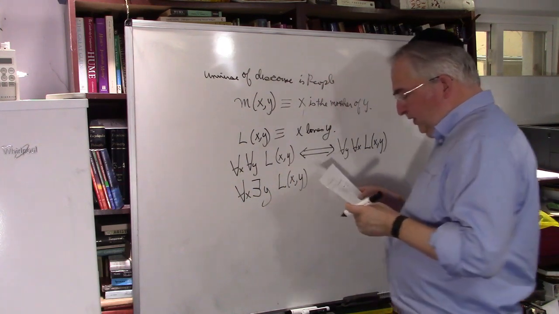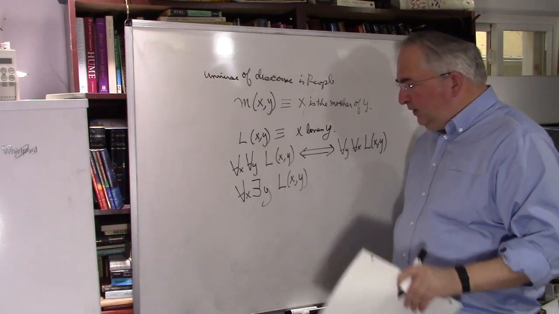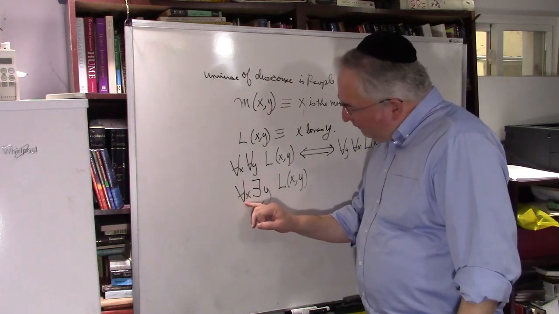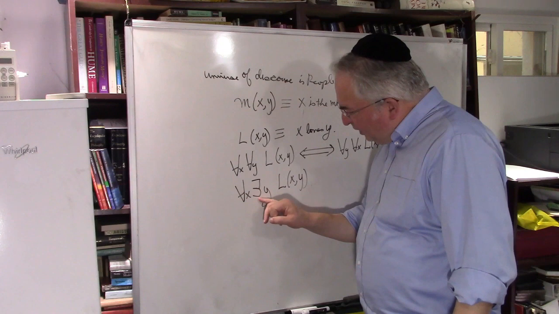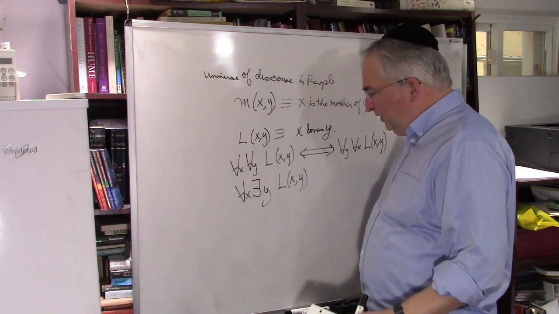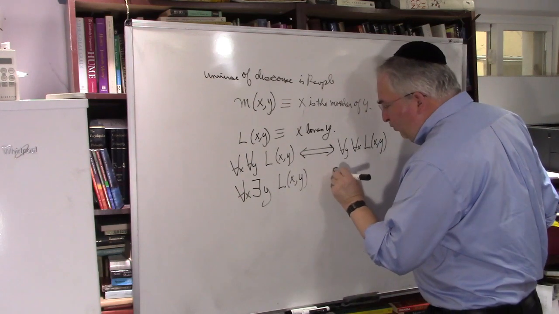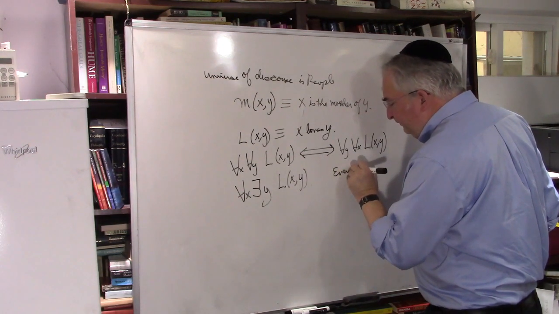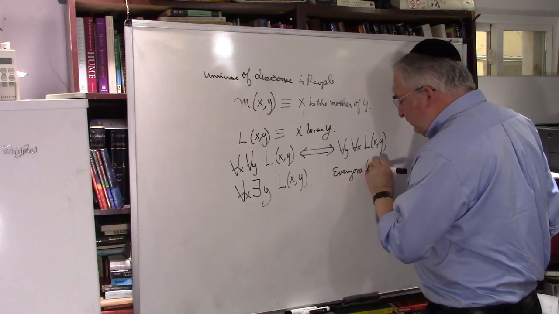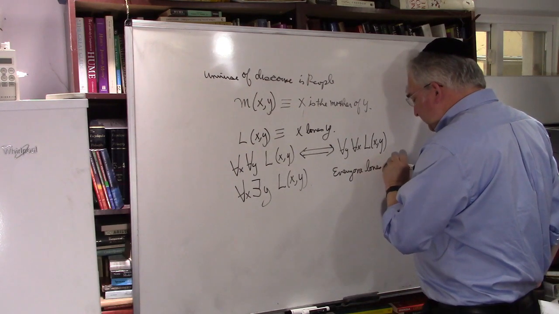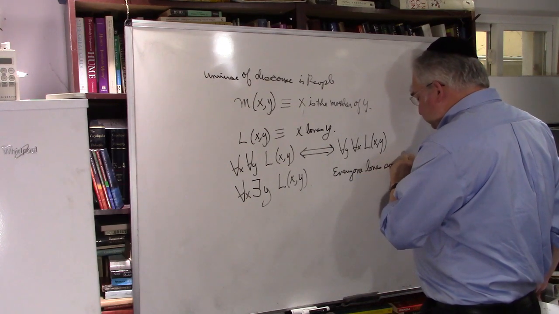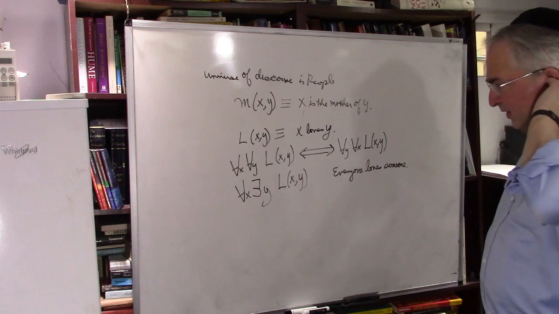What does this mean? This says for every person there is someone such that L(x, y). So what that means is that everyone loves someone.